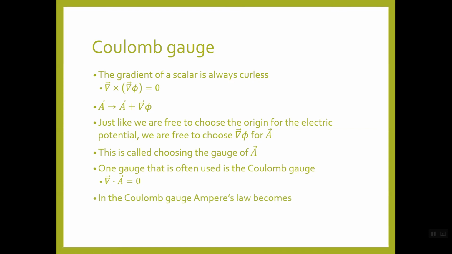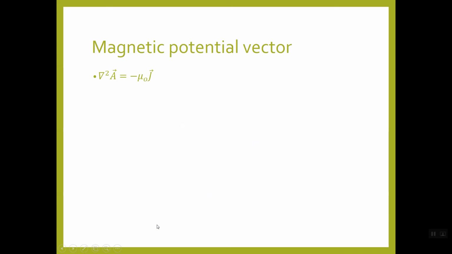If we look at Ampere's law in the Coulomb gauge, the first term goes to 0. So you have the Laplacian of A equal to minus mu naught J. This should be reminiscent of Poisson's equation.